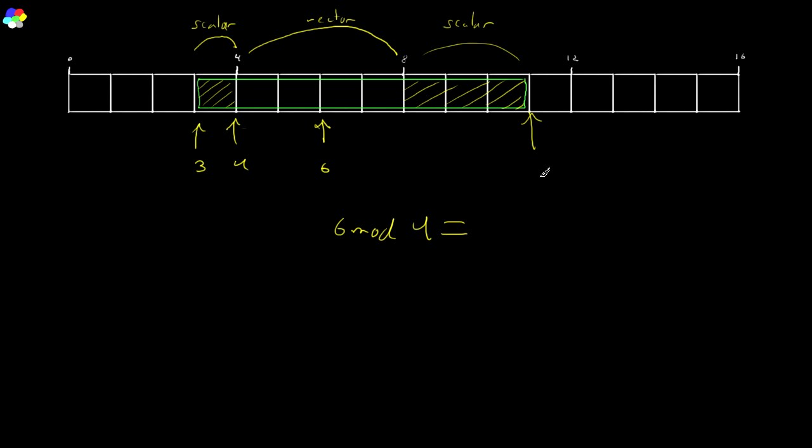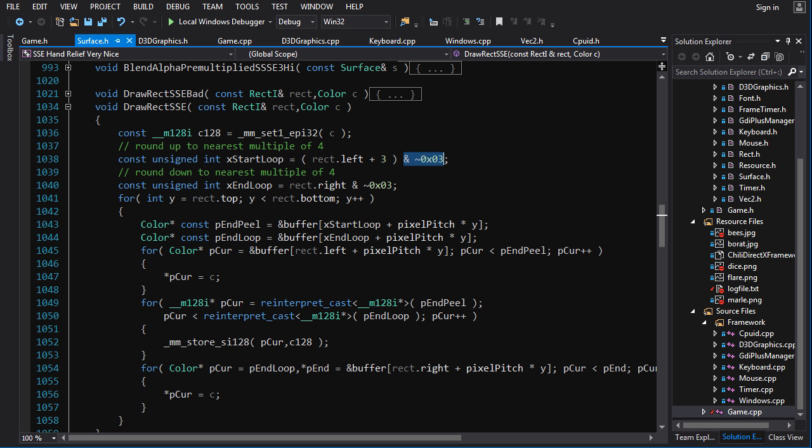What do we do here? Let me take a look at our good old friend. Yeah, here. We just end with this value here, and that drops it down to its nearest 4th aligned position. So this here, it's not like I said before, it's not mod 4.